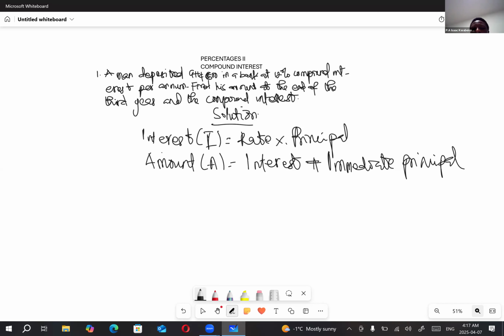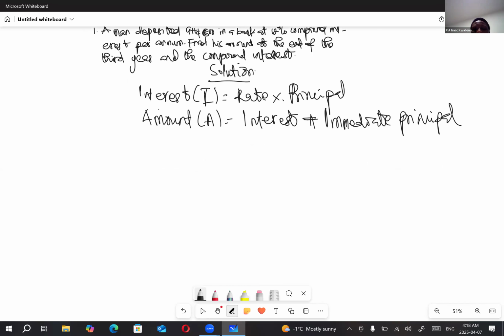So to begin, you have to start with this formula. If you see me writing I, you know what it is. So for year one, at the end of year one, this is how the bank will calculate its interest. It will be equal to the rate. They said 12% of your money is given to you at the end of every year.